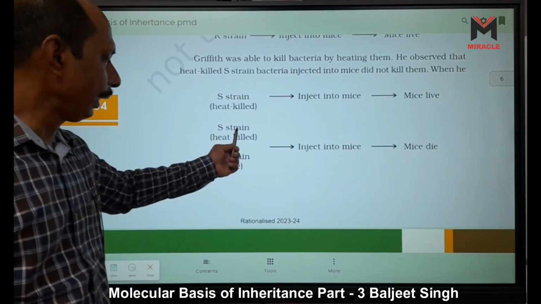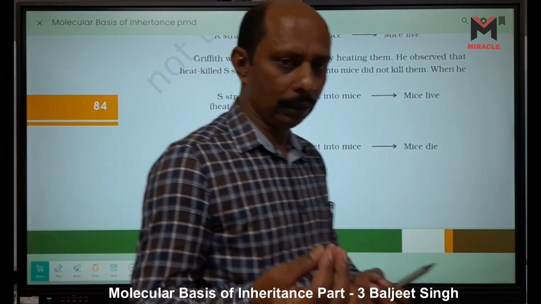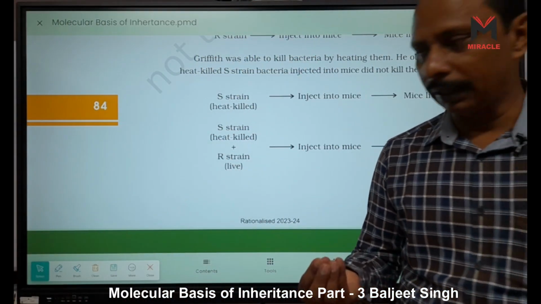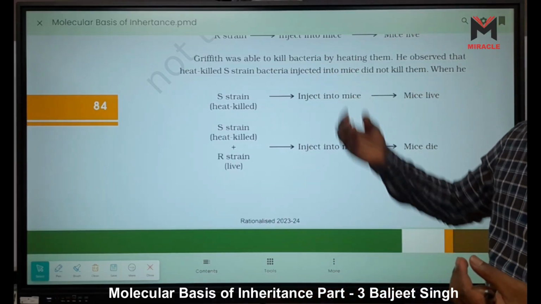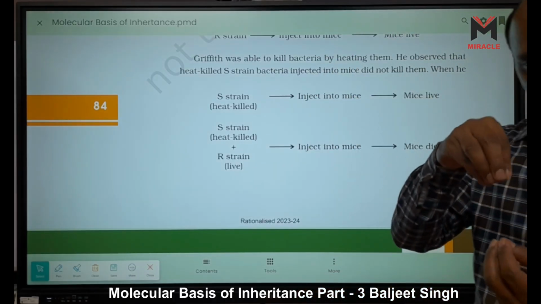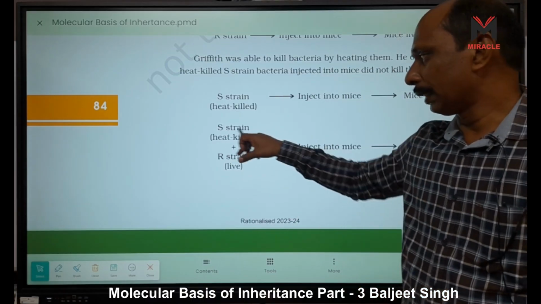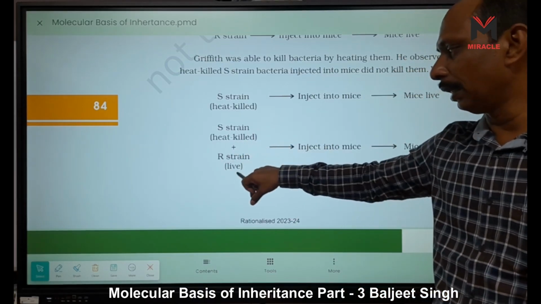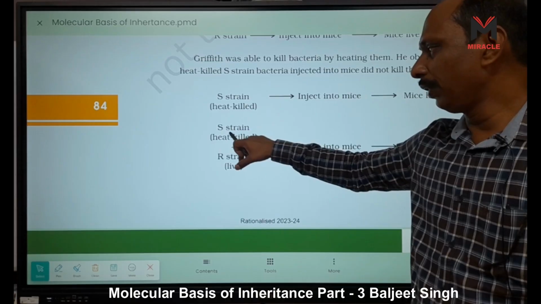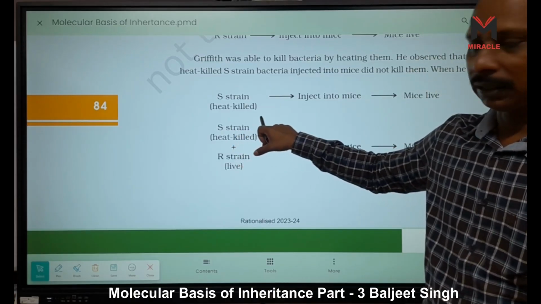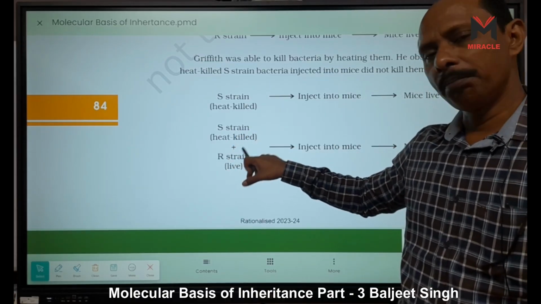But when he put the heat-killed S-strain bacteria and the live R-strain together in a single test tube, what happens? If we inject heat-killed S-strain, mice survive. If we inject R-strain, mice survive.